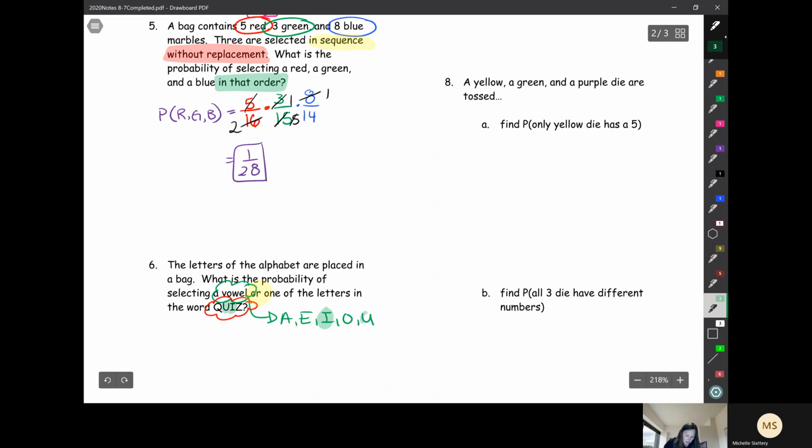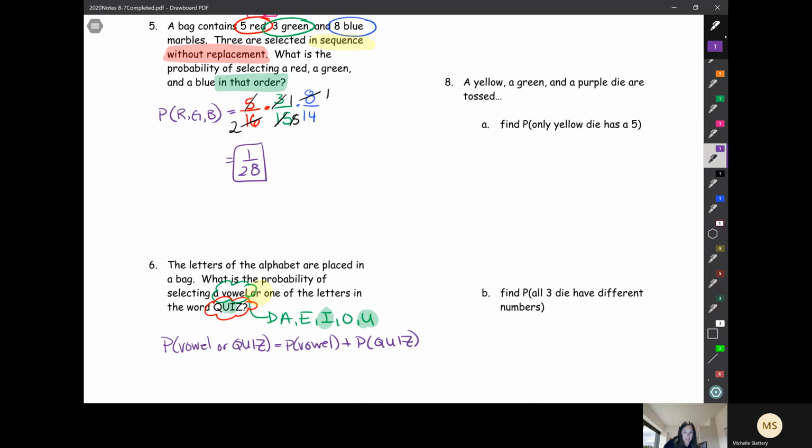I also have a U that's in both. So they're going to have overlap. So when I make my calculation here, the probability of a vowel or a letter of the word quiz is going to be the probability of a vowel plus the probability of one of the letters of the word quiz, minus the probability of the overlap.